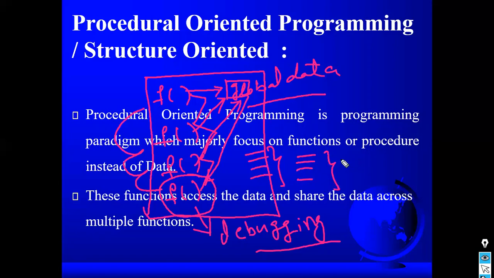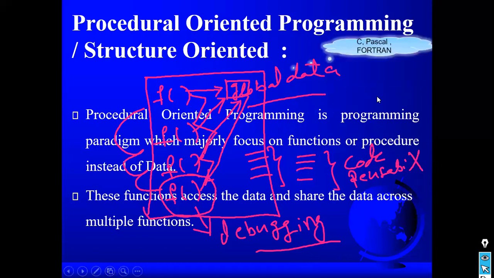That means this kind of programming language does not support code reusability. These are some of the major drawbacks of procedural-oriented programming languages. C, Pascal, and Fortran are some examples.